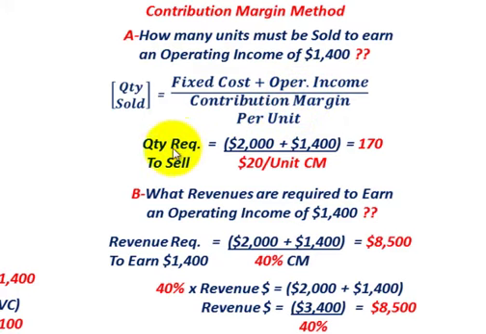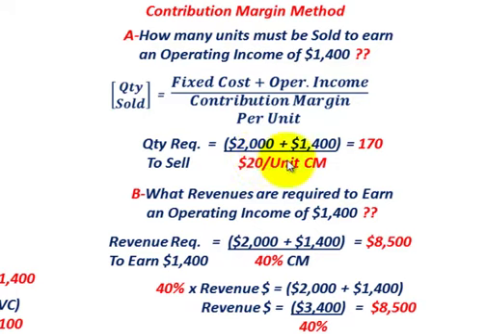So the quantity required to earn the $1,400 in operating income is the fixed cost of $2,000, plus our operating income of $1,400, divided by the contribution margin per unit. Remember, we determined that to be $20 per unit: the $50 selling price minus the $30 variable cost.